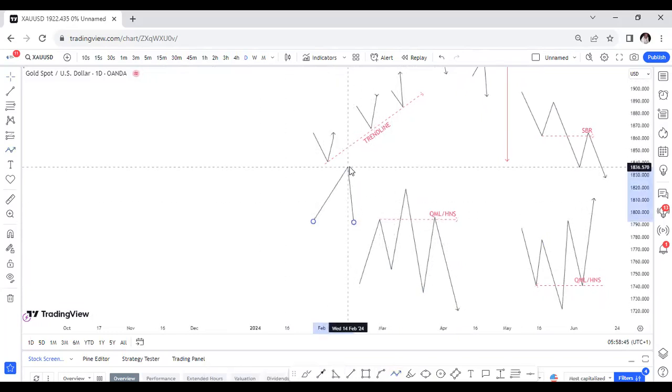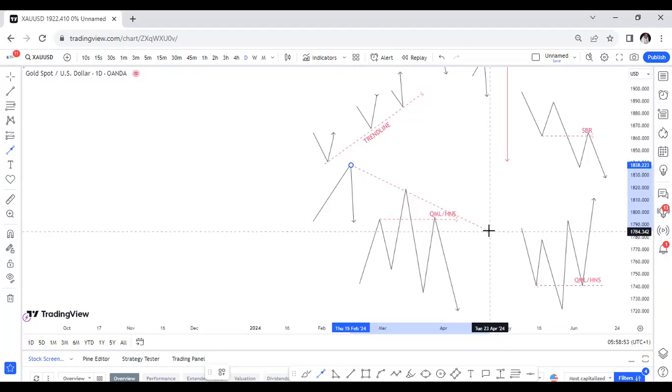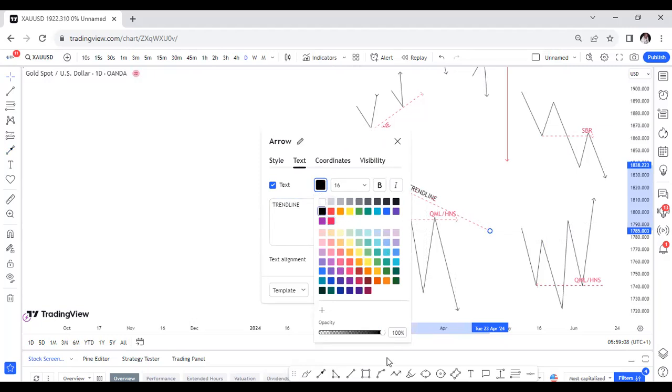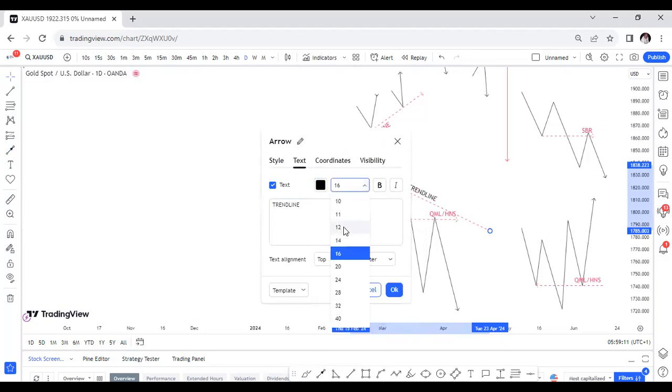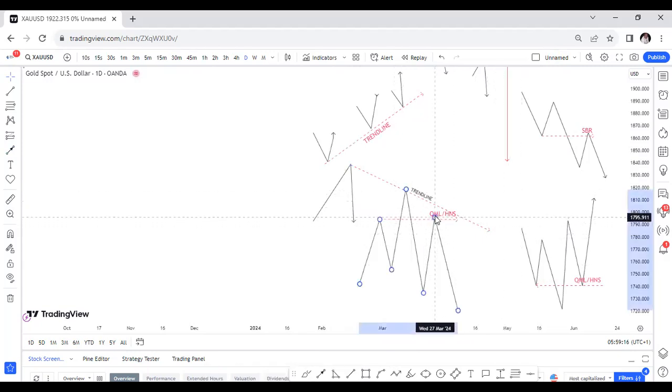Could be a higher time frame key level. So we're going to connect your trend line. So this one will push higher to this.